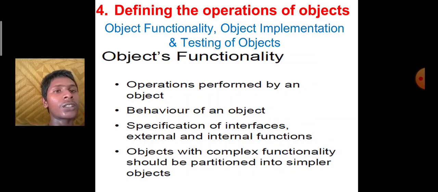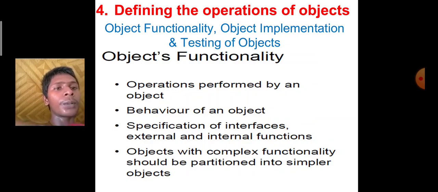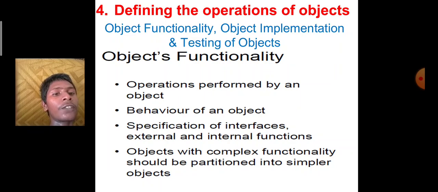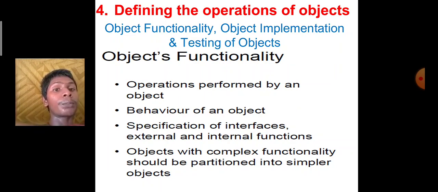Defining the operations of objects: object functionality, object implementation and testing of objects; object functionality means operations performed by an object, the behavior of an object, specification of interfaces, external and internal functions. Objects with complex functionality should be partitioned into simpler objects.